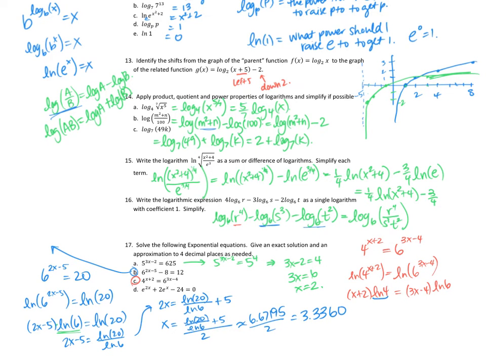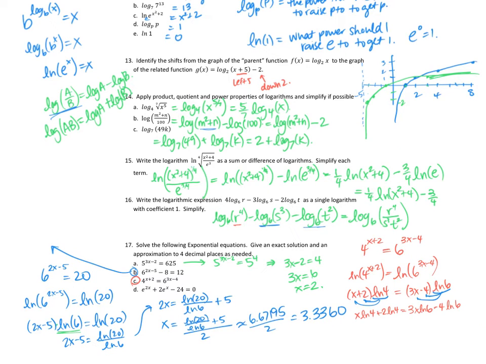But what I can do is distribute it in to both of these. I'm just going to keep writing it as natural log of 4 and natural log of 6, so I'll have x natural log of 4 plus 2 natural log of 4 is equal to 3x natural log 6 minus 4 natural log 6.